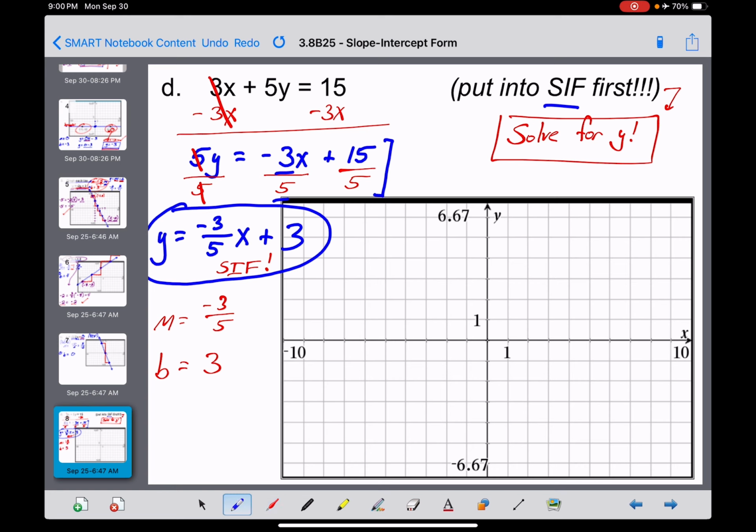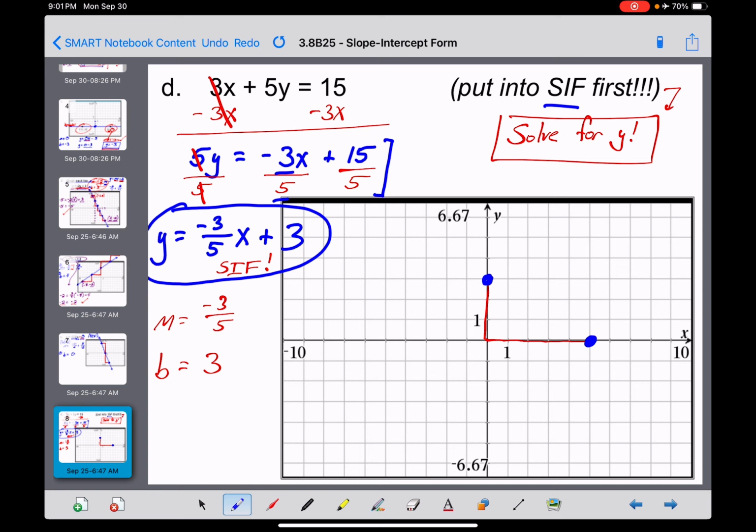A y-intercept of 3 means I go up 3 units from the origin and put a dot right there. A slope of negative 3/5 means we rise negative 3, so we go down 3 units. So 1, 2, 3, and then we run 5. 1, 2, 3, 4, 5 to the right, and that puts us right here. I think I have room to do that again, guys.